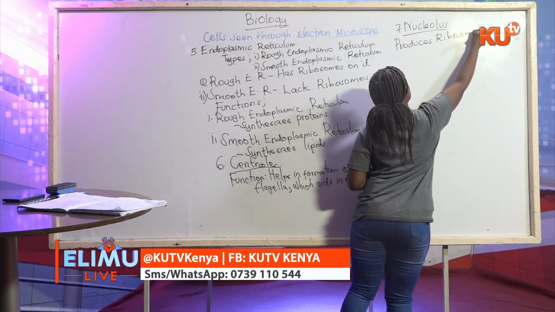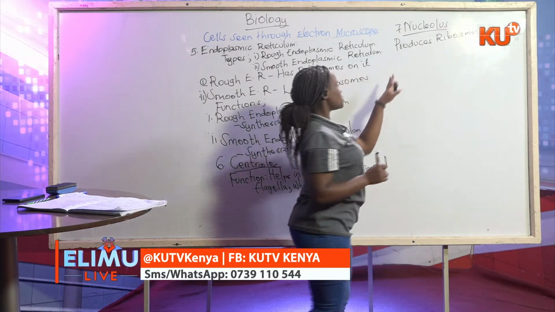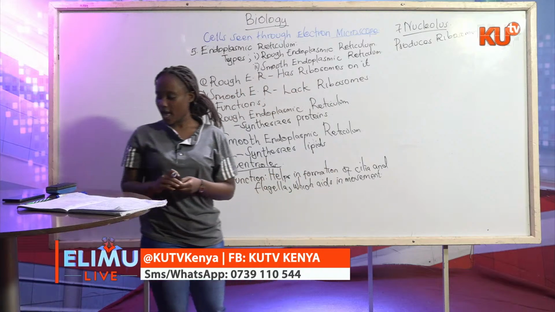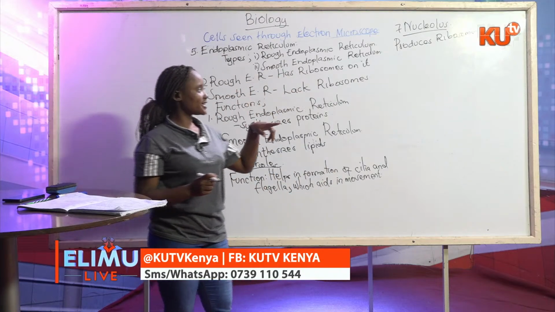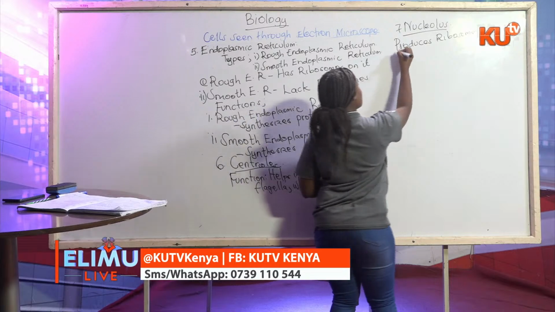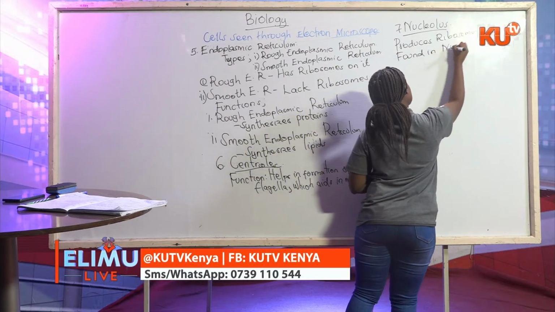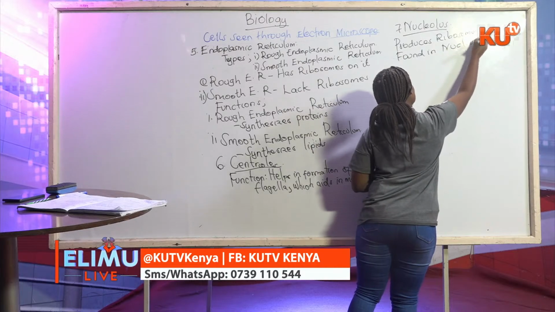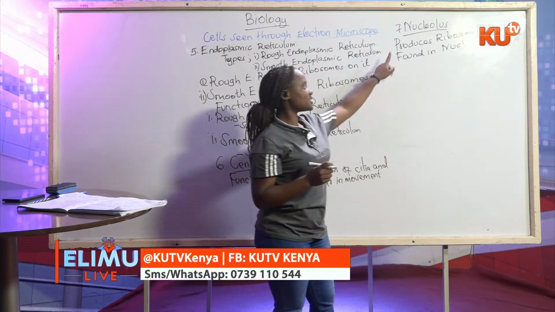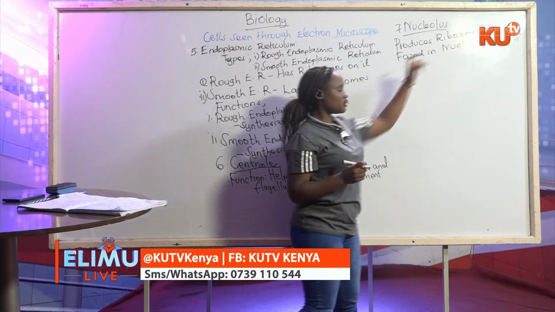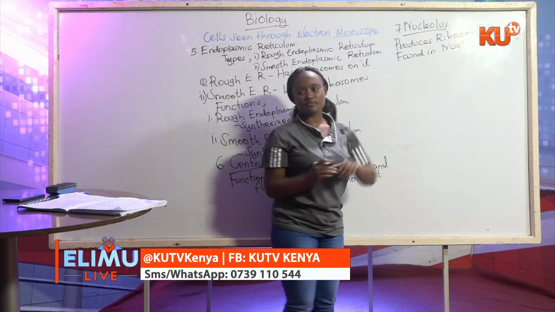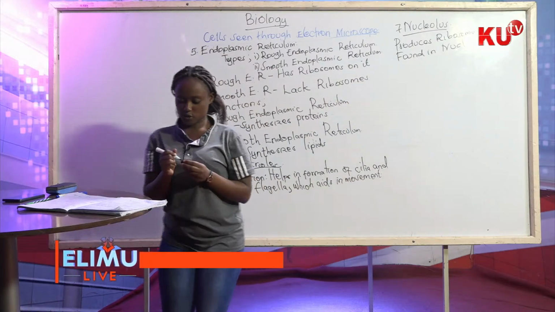The nucleolus produces ribosomes, and they are found inside the nucleus. So the function of the nucleolus is producing ribosomes, and they are found in the nucleus.